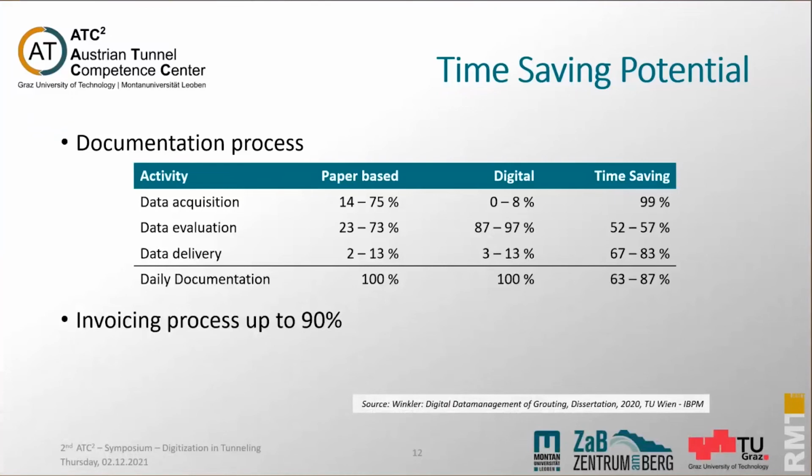So the general opportunities we have here is that, from all the projects, we know that the potential of time saving is really big. So we can think of the daily documentation as well as the invoicing process of a time reduction up to 90%.